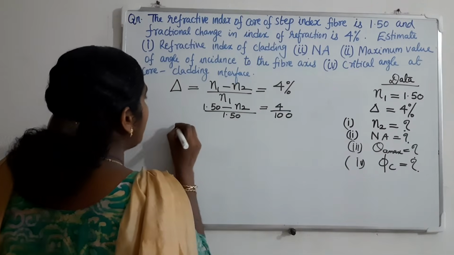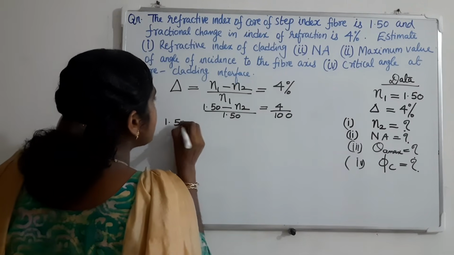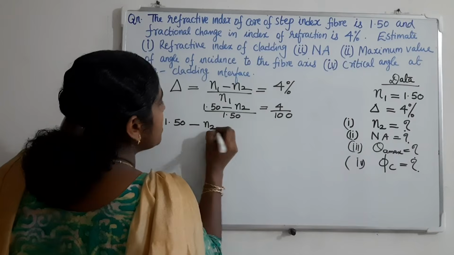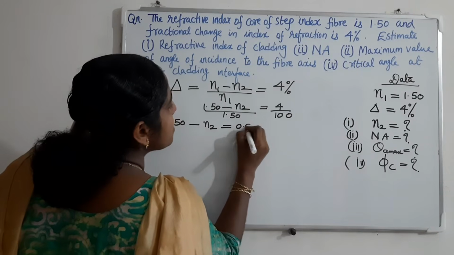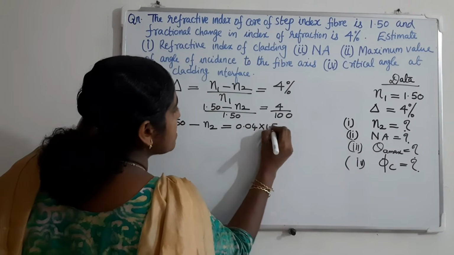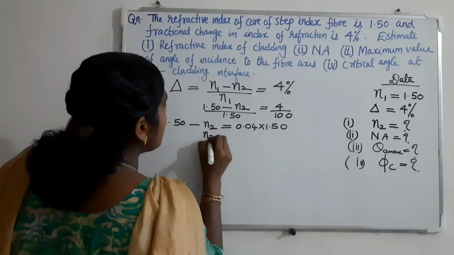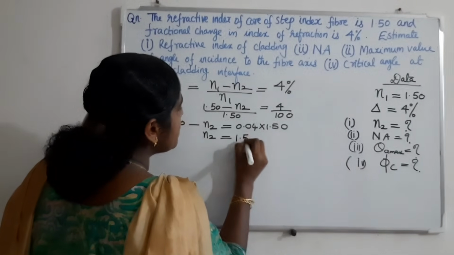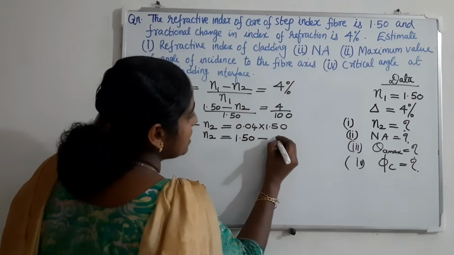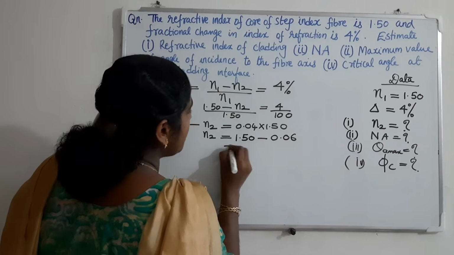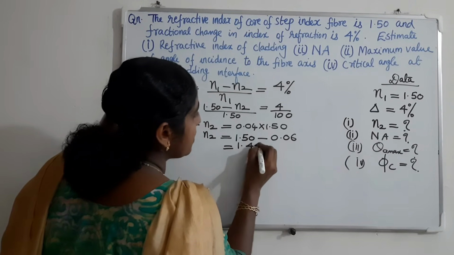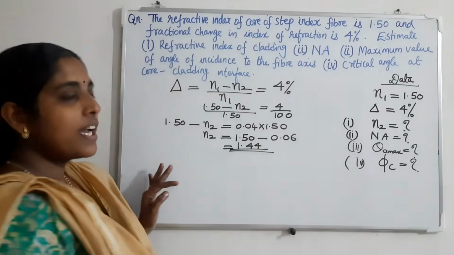On cross multiplying we will get 1.50 minus N2 is equal to 0.04 into 1.50, or N2 is equal to 1.50 minus 0.06, that is 1.44. This is the refractive index of the cladding.